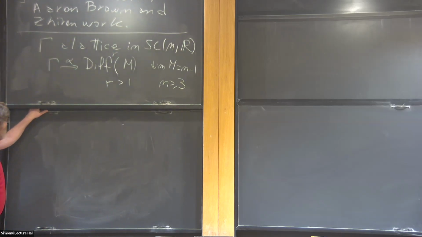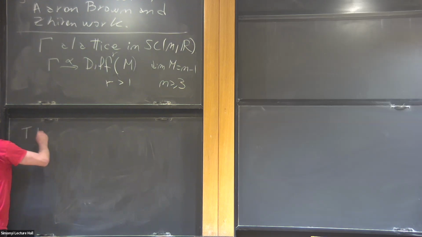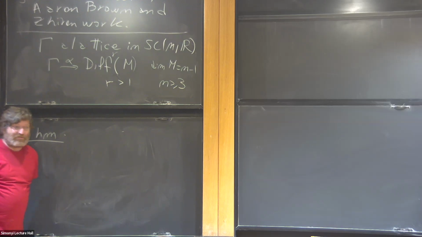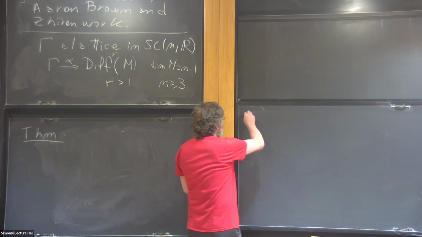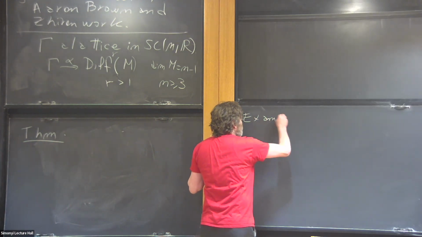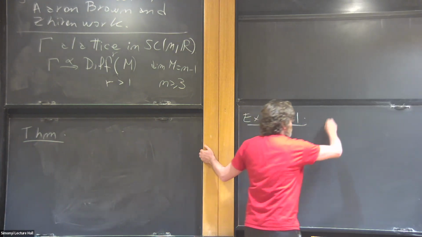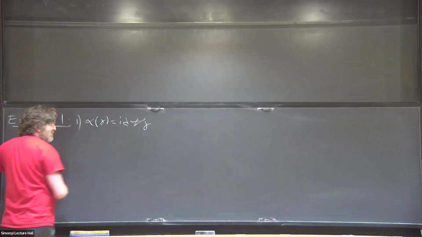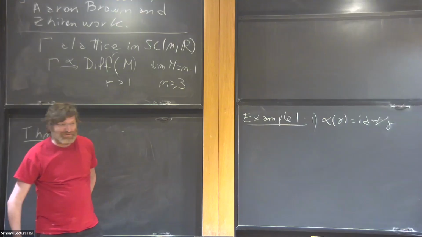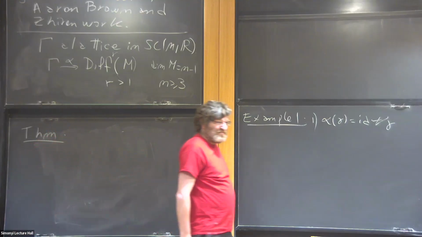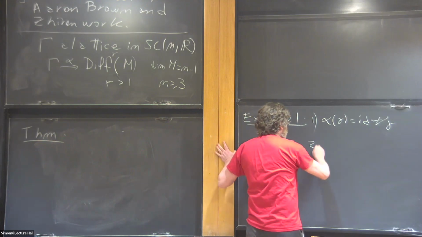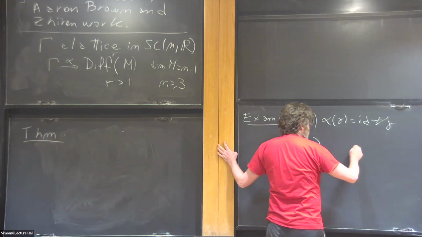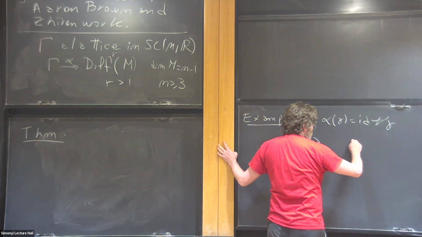And then the theorem says that, okay, maybe before stating the theorem, let me give you 2 examples of such actions. So, example 1 is always just a very trivial action, but it's an action. And the second is a little bit less trivial, you look at the projective action.